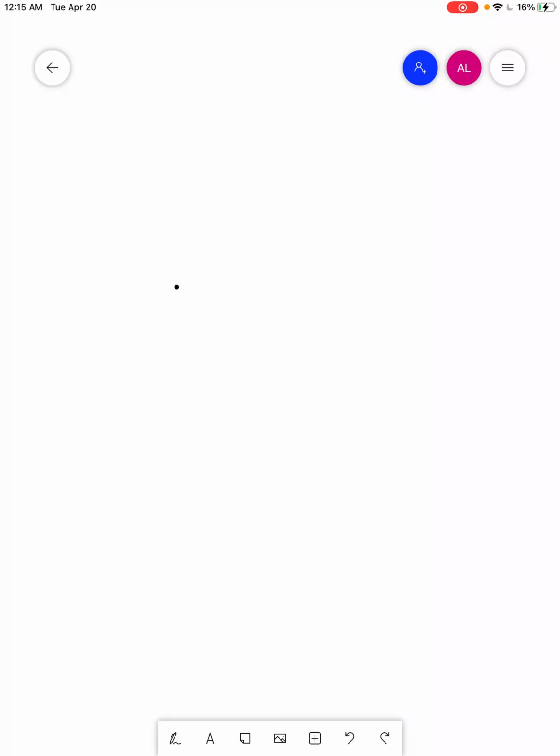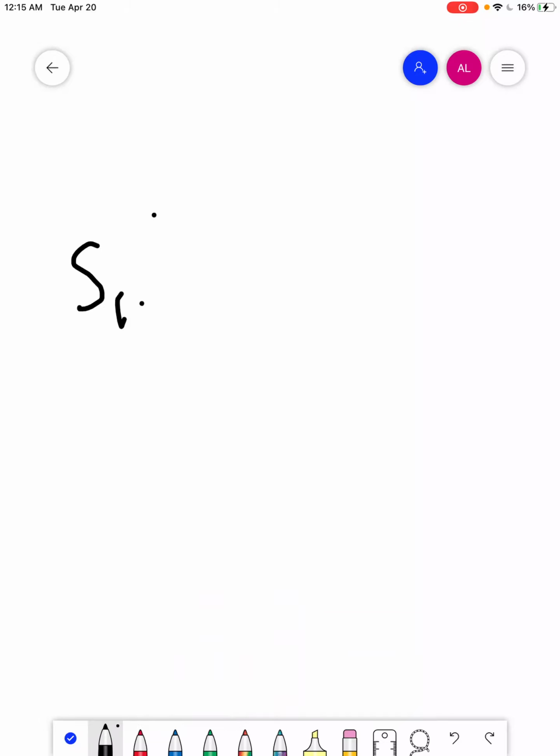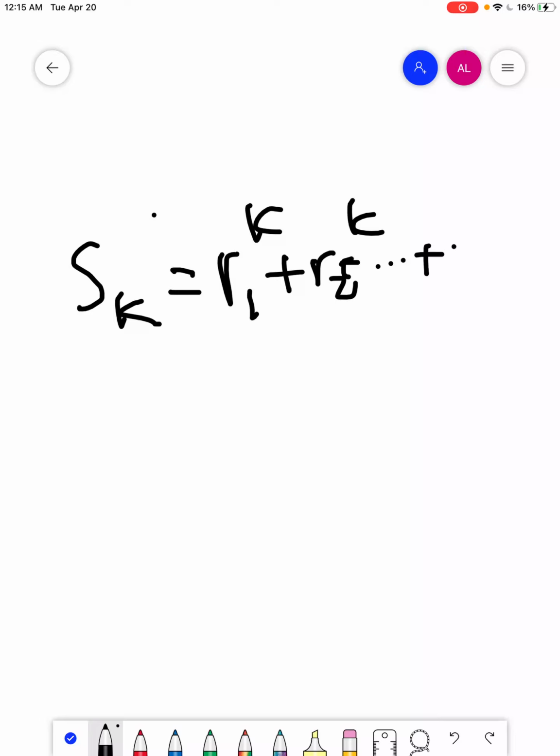Let's say there's a formula where we call sk the sum of the roots to the kth power. So that's r1 to the k plus r2 to the k, all the way to rn to the k.